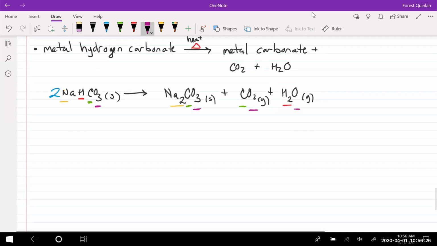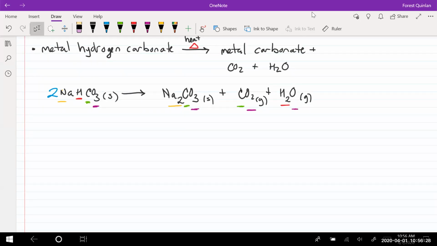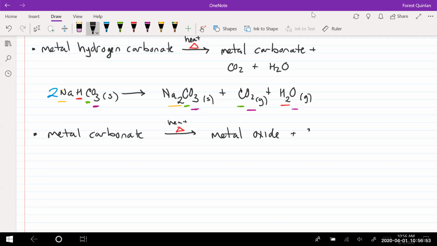Now, interestingly enough, this can continue on, and this is also well understood. You can have the metal carbonate if you continue to heat. If you take that metal carbonate and you get some more heat, again with a little delta sign there, this will break down into the metal oxide plus CO2.